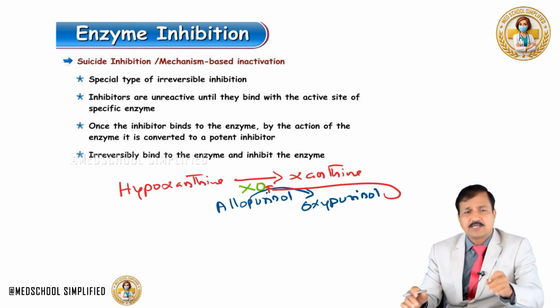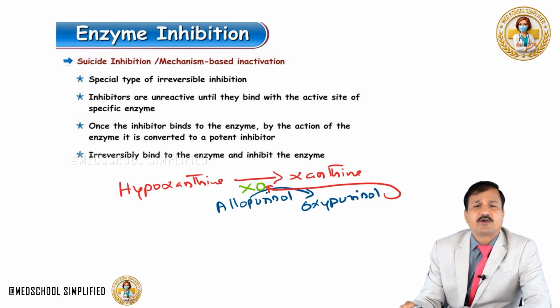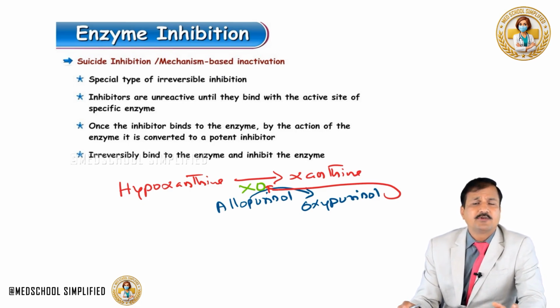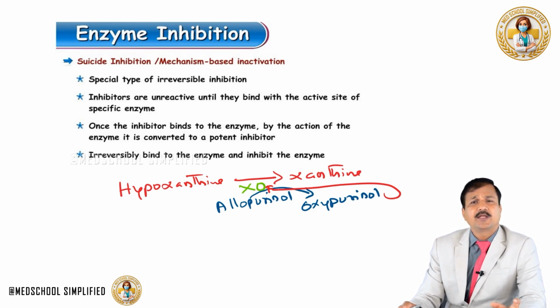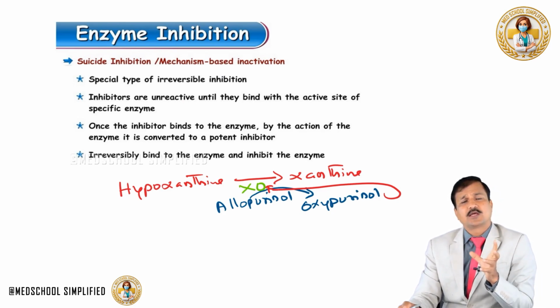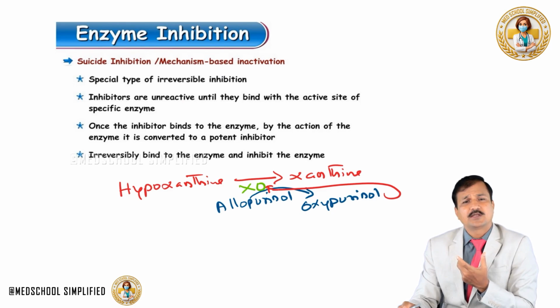So that basically decreases the velocity of the reaction and totally alters the enzyme based reaction. This type of inhibition, we call suicidal inhibition or mechanism based inhibition, because xanthine oxidase here is committing suicide by converting allopurinol into oxypurinol. Otherwise allopurinol would not have inhibited the enzyme.